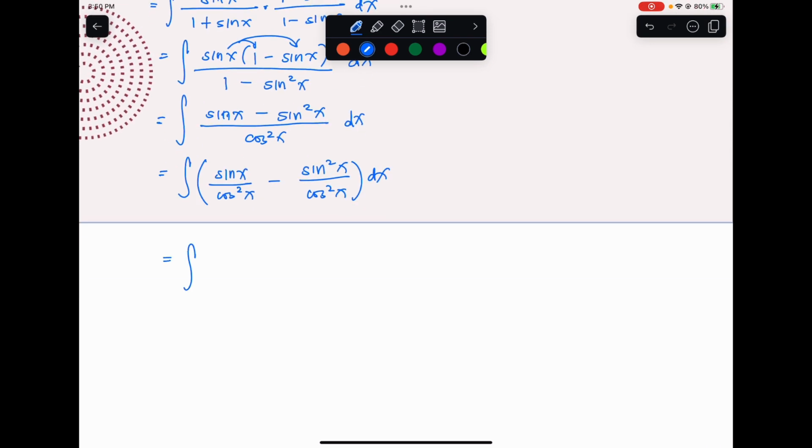And then, since sine and cosine are a pair of trigonometric functions, we can use the power rule here. I'm going to change this one as cosine x raised to negative 2, multiplied with sine x. While the other one, sine squared over cosine squared, is an identity. Sine over cosine is tangent, so it is minus tangent squared x, multiplied with dx.